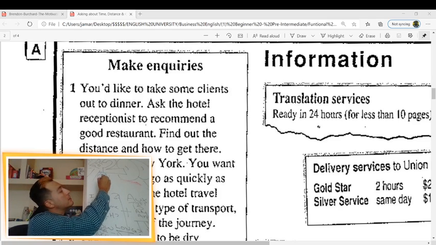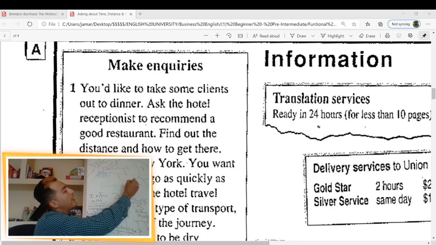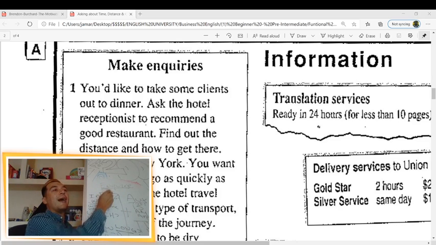Inquiries, o el verbo de inquire, es el verbo de preguntar o de pedir información. Entonces, depende qué estás pidiendo. Para eso es la primera parte de la fórmula. Para lo que estás inquiring, lo que estás preguntando.